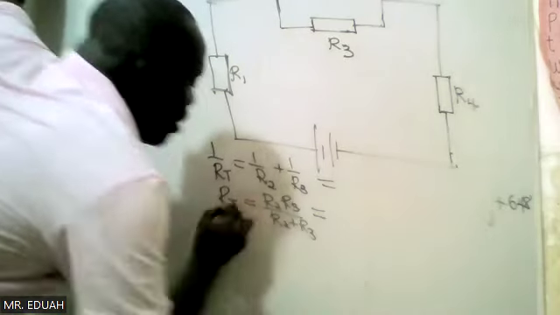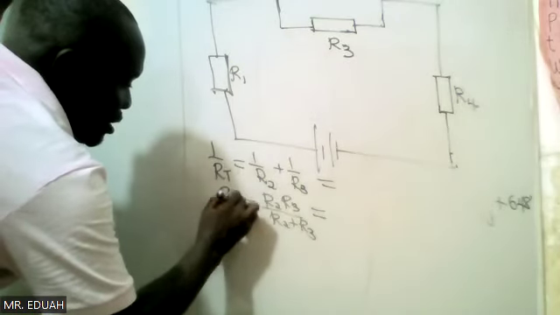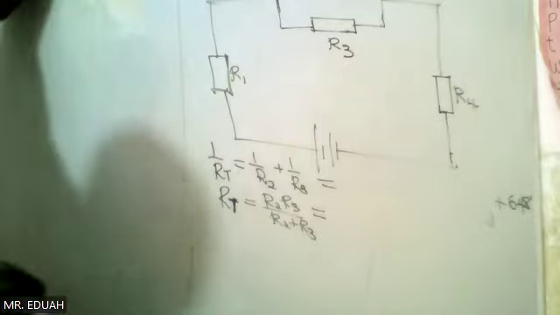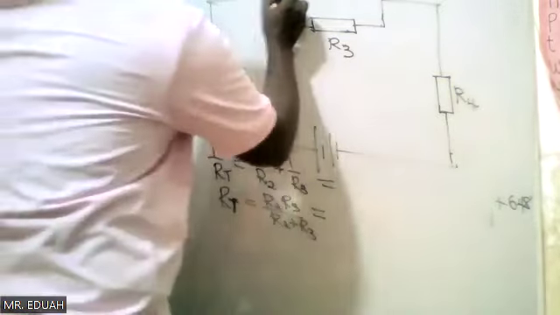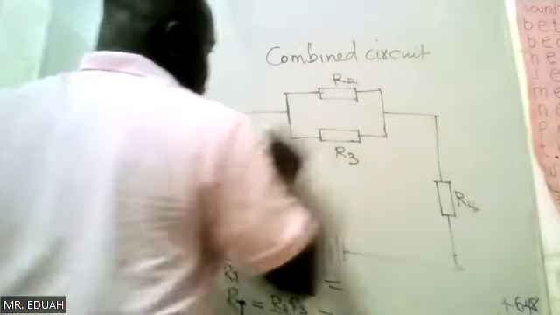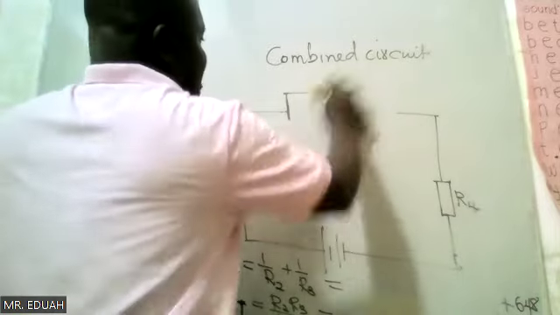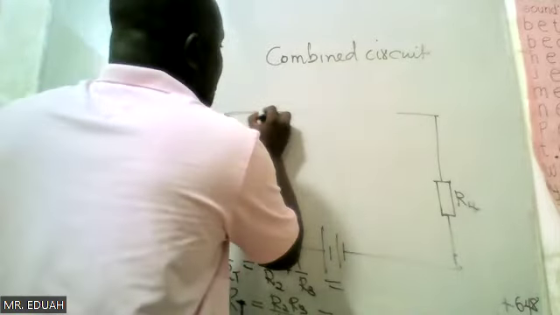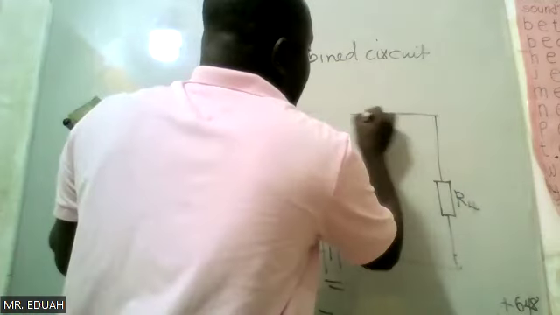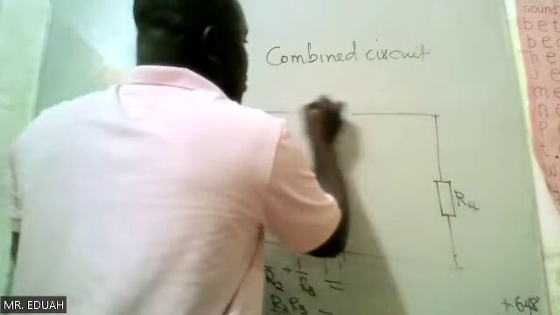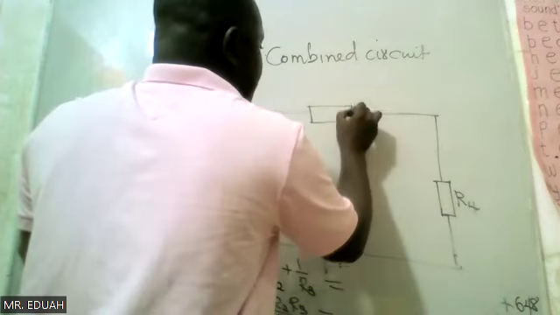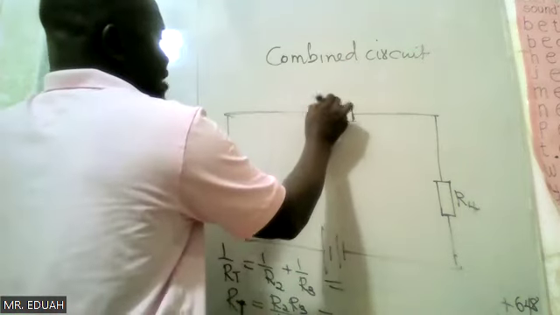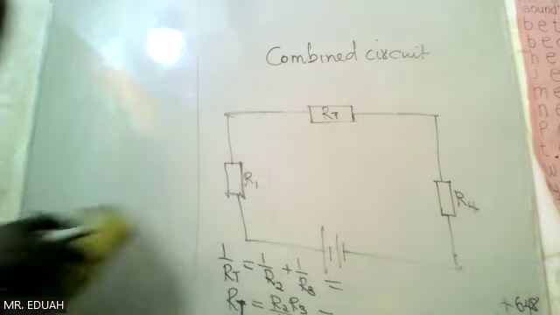So let's assume this is equal to RT. This equivalent one is known as RT. So we've found the equivalent of these two resistors in parallel, and instead of having this, we write a single resistor to represent the two resistors in parallel, which we are calling RT.